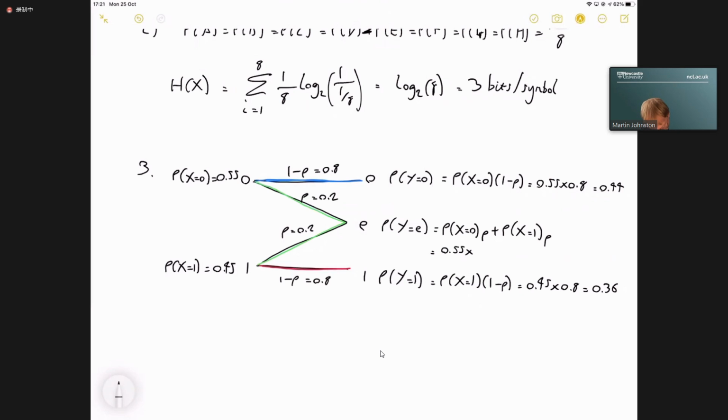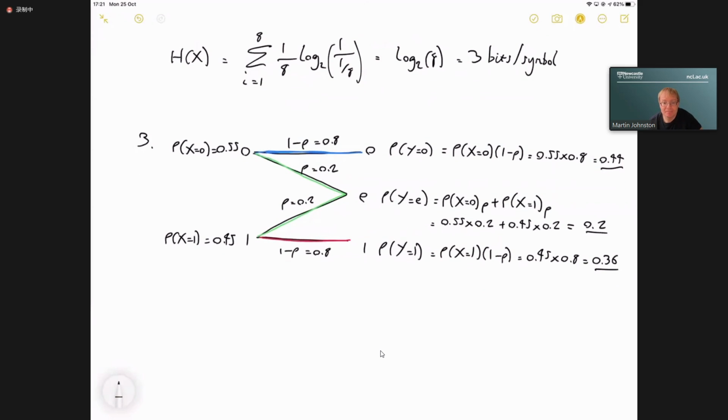That's 0.55 times 0.2 plus 0.45 times 0.2, and that gives you the answer 0.2. We add all those three numbers together, and that should add up to 1.